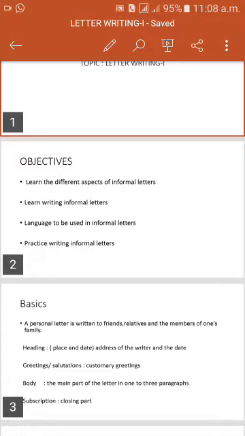So the format of writing formal letters and informal letters is quite different. There is a marked difference between writing formal letters and informal letters. And the language used in writing these two types of letters is also different.